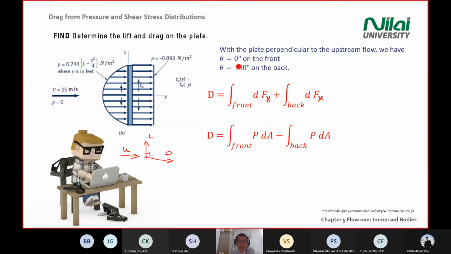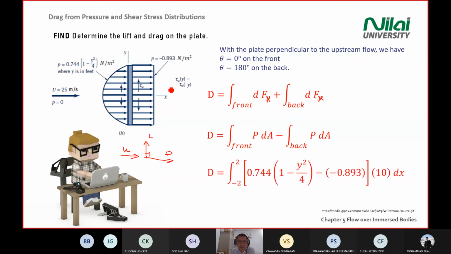If you substitute the angle inside the equation just now, front is 0 degree, back is 180 degree. Okay. Then you only have the pressure component for the drag. So you're given what is in the front, what is in the back.